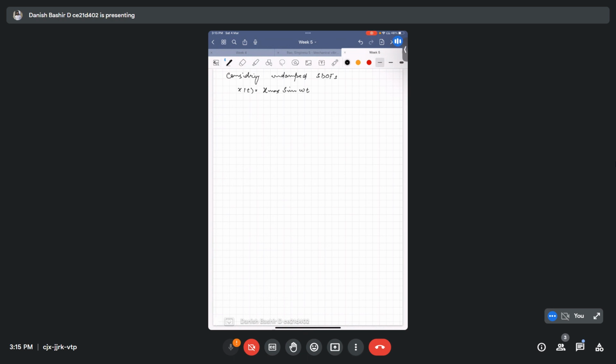Its velocity x dot of t will be given as x max times p cos omega t. Not omega here, we will keep p because we have been studying this with our notation, p as the natural frequency.